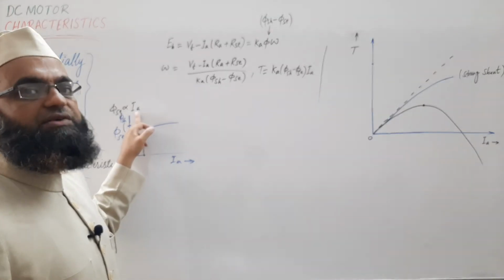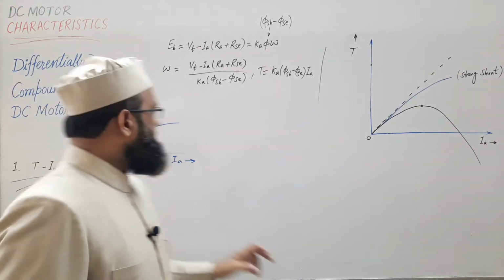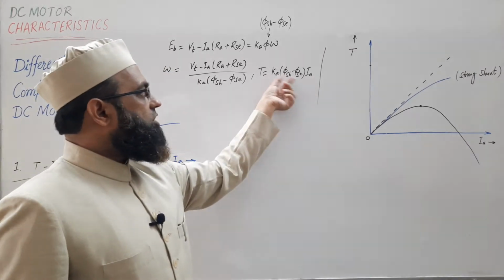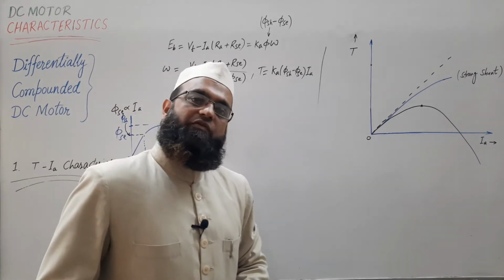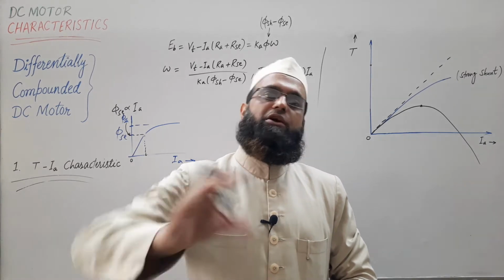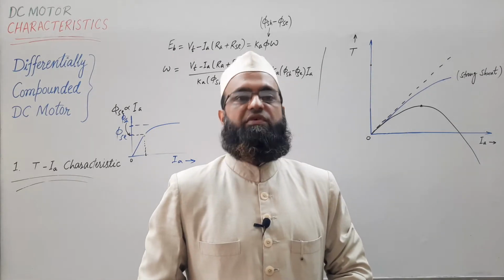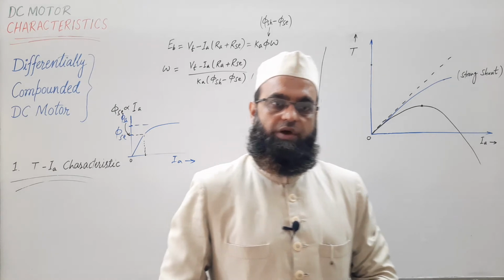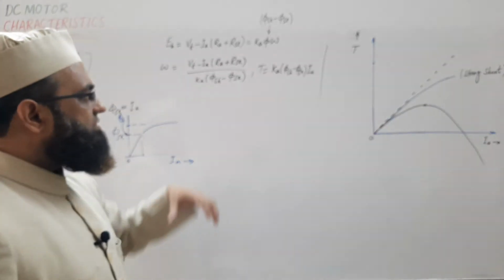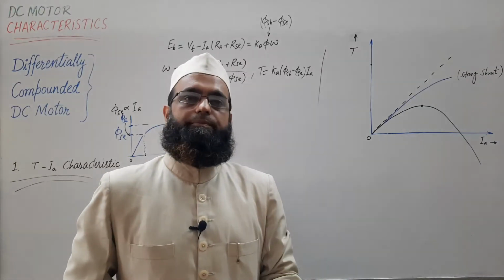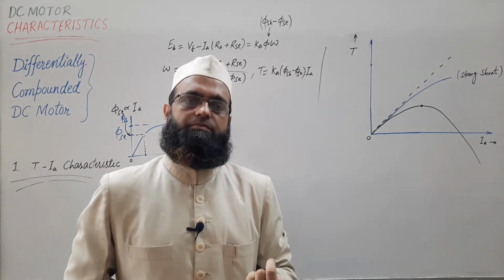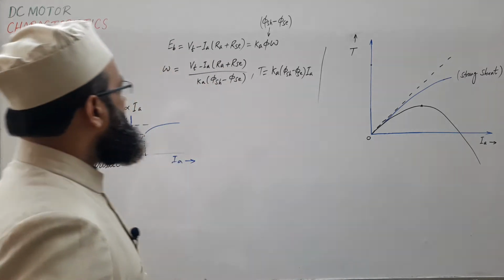So IA is large at the time of starting, so phi SE will be dominating phi SH. So this torque will be negative. So at the time of starting, motor will run in opposite direction, reverse direction. Then as soon as back EMF is built up slowly, we have discussed in our magnetization characteristics. So what will happen? Focus on this.